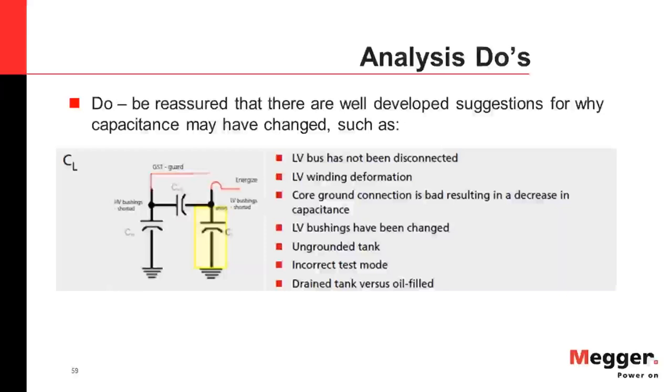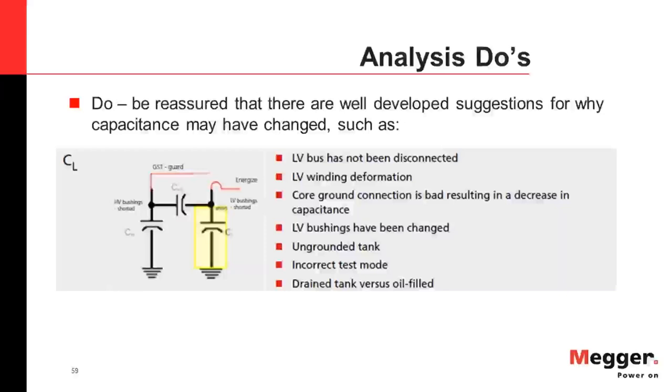Or my tank may be ungrounded, I may have used an incorrect test mode, or the transformer tank may be drained of its oil, and even though I don't recommend that, I may be comparing a test CL capacitance with the oil drained versus filled with oil.